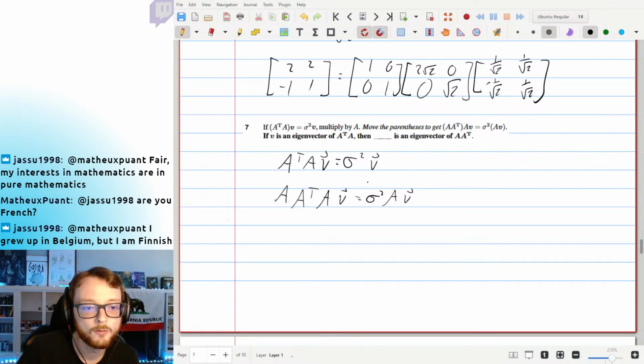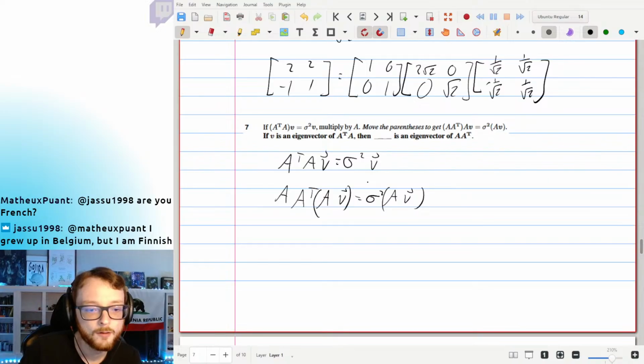So V is an eigenvector of A transpose A. I'm picking up what they're putting down now. Then AV is an eigenvector of AA transpose. That's all they want there. It's not that hard.